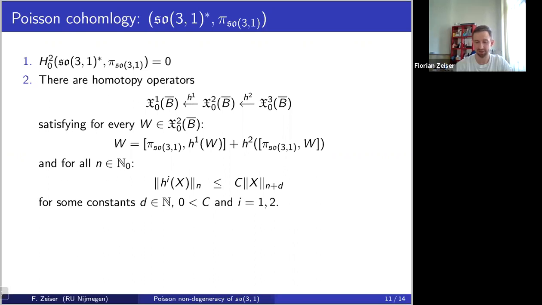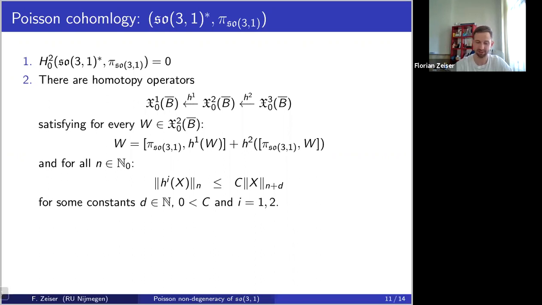Here the n-th norm refers just to the standard C^n norm. We require that the n-th norm of the homotopy operator applied to X can be bounded by the n-th norm of X plus some constant D. Those are the estimates one needs in order to apply the Nash-Moser techniques.